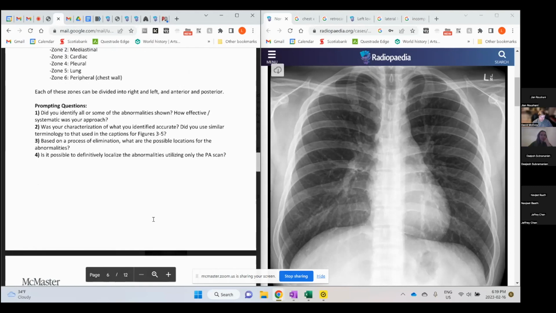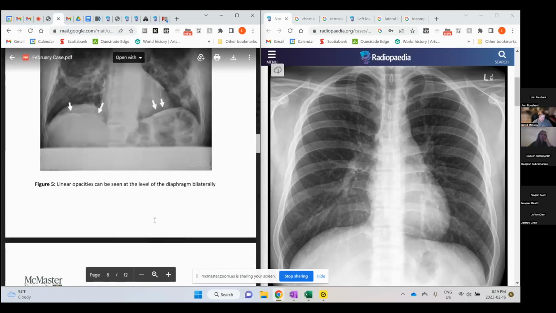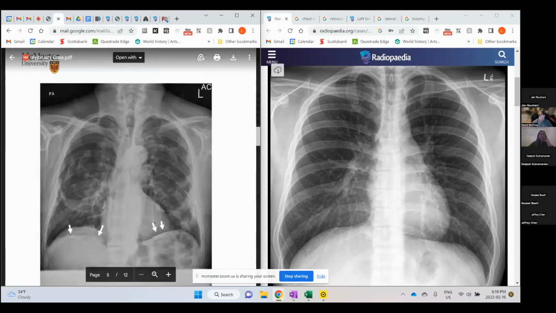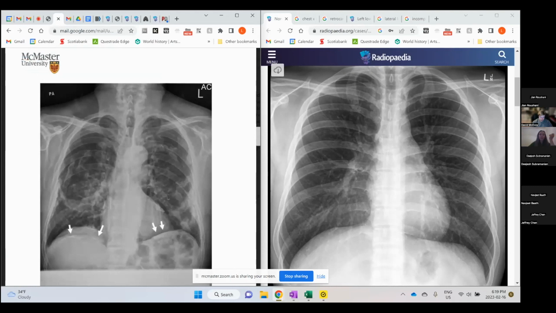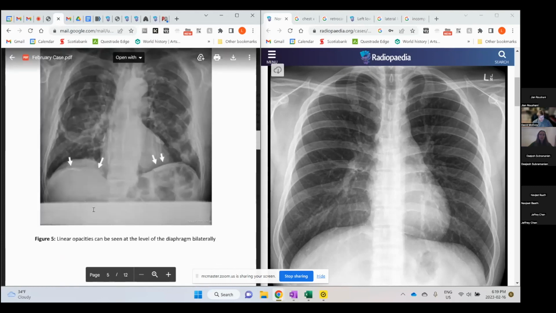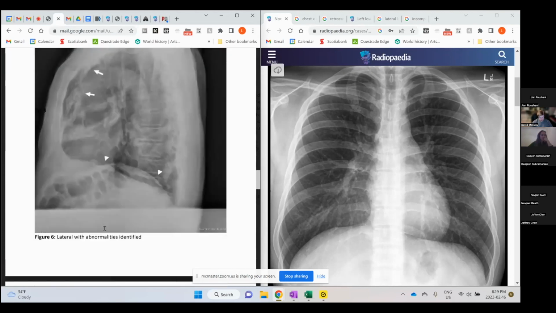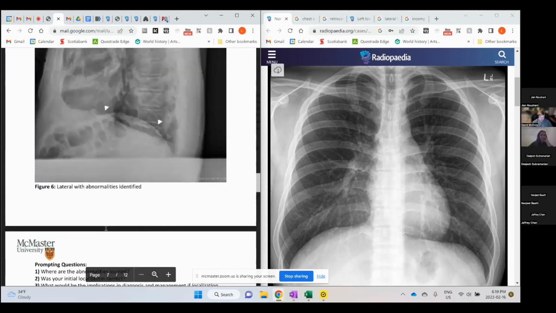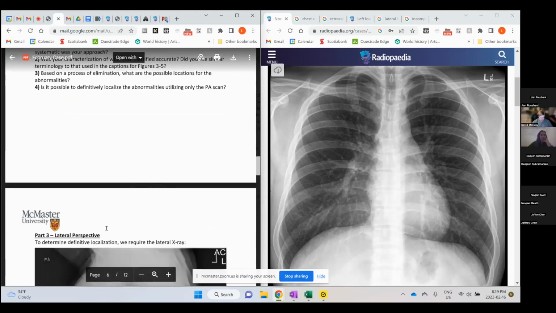And I guess the learning point here is that we can't really localize anything for sure with just a PA. You need two planes in order to triangulate where something is, because technically this could be anywhere in the patient's body until we look at the lateral and we see that it's on the pleura.